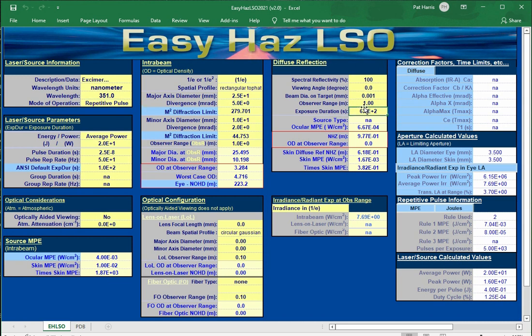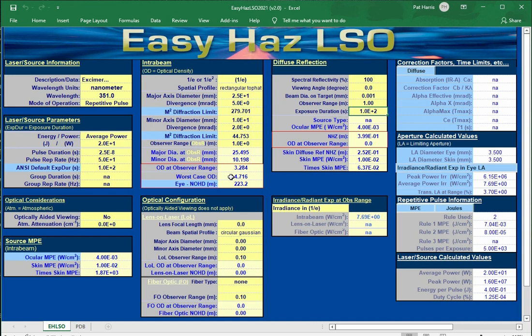Let's set this back to 100, and you can go ahead and take a look at everything through here and see that, yeah, as we make the wavelength longer, and based on what's doing the absorbing, or how much we're able to transmit through more tissue, so more volume is dealing with the absorbed energy, the less hazardous the wavelength is as it gets longer, and that's sort of what we're seeing here.